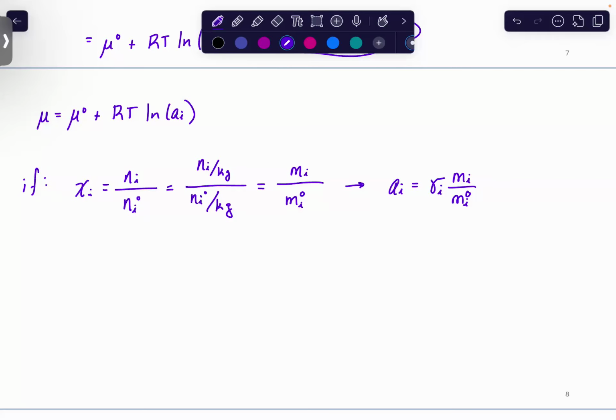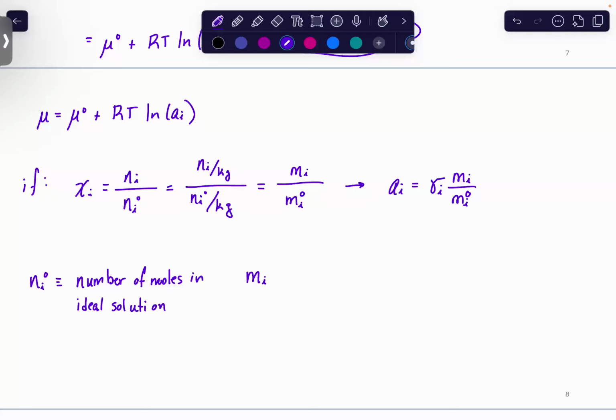So of course, again, this kind of helps us remember.